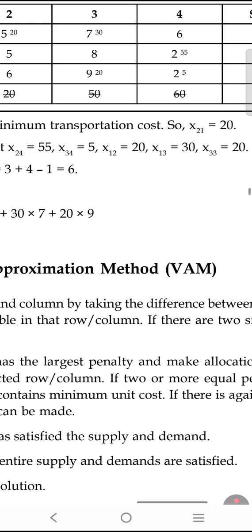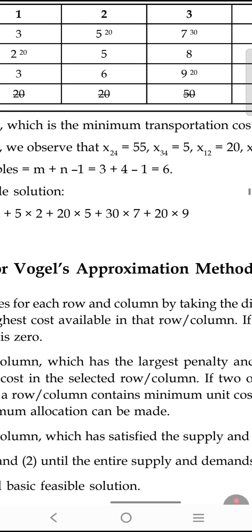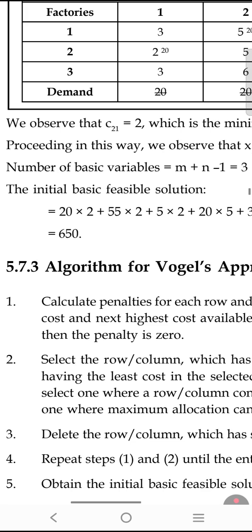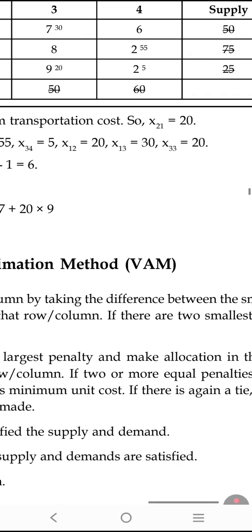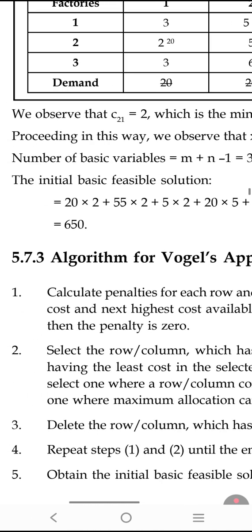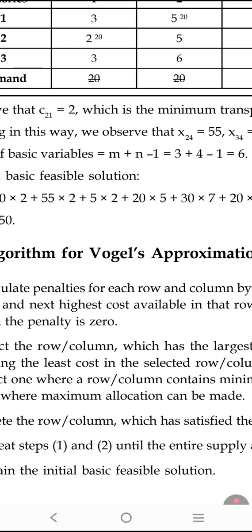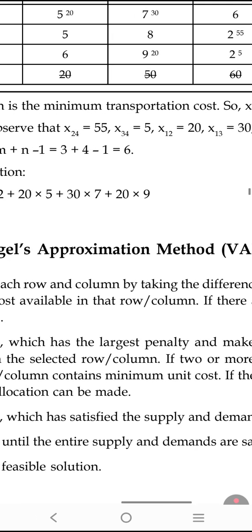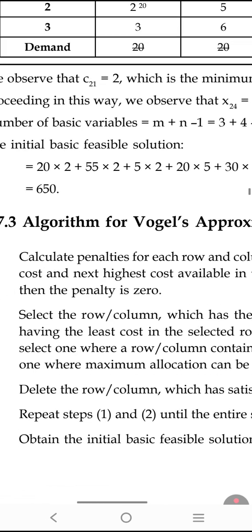The number of allocations is 1, 2, 3, 4, 5, 6. The number of basic variables is m plus n minus 1, which is 3 plus 4 minus 1 equals 6, and the number of allocations is 6.